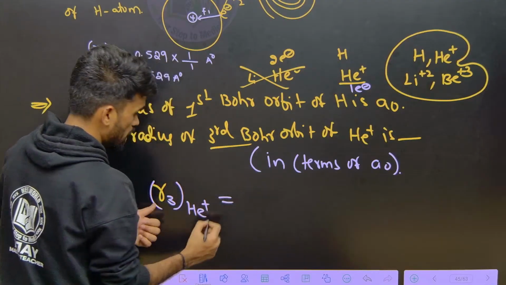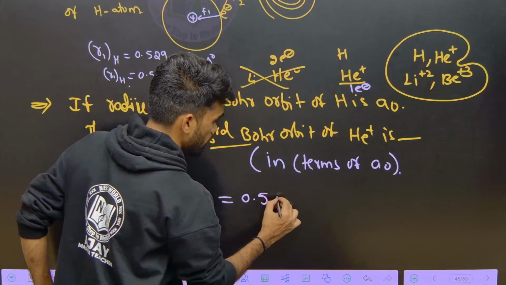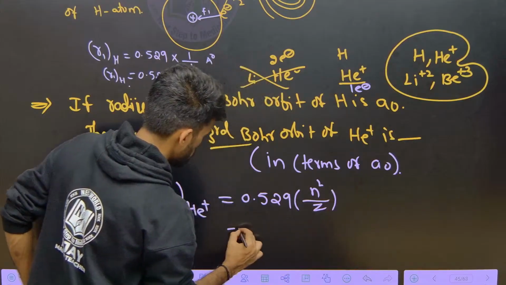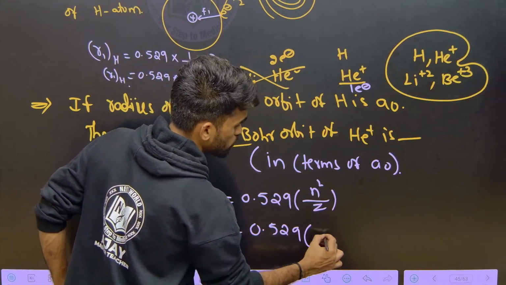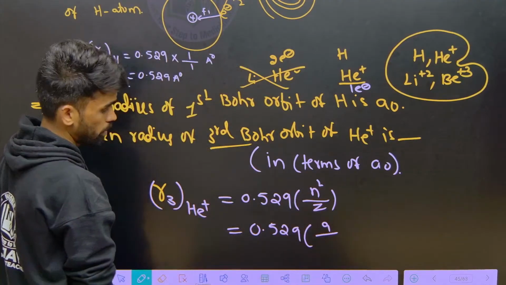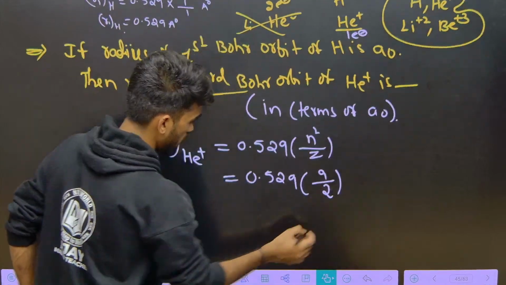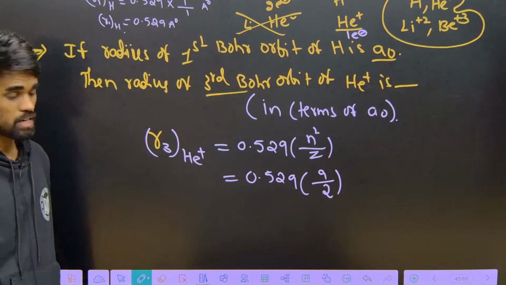So r3 of this helium plus is 0.529 n square by Z. I am taking, so this will be 0.529 into n square, which is 9, by Z, which is 2. Okay, so we got 9 by 2. What I am asking is in terms of a naught, I don't want this answer.